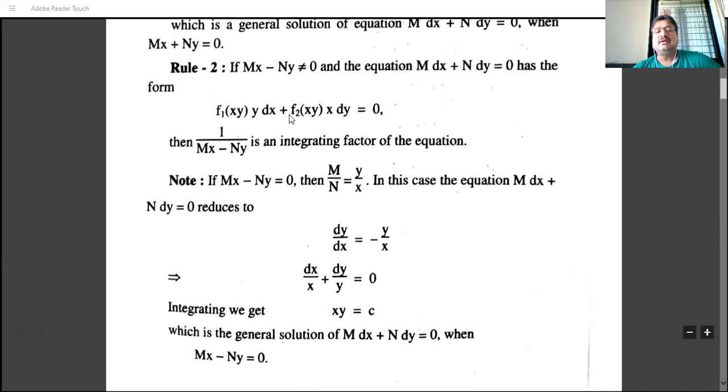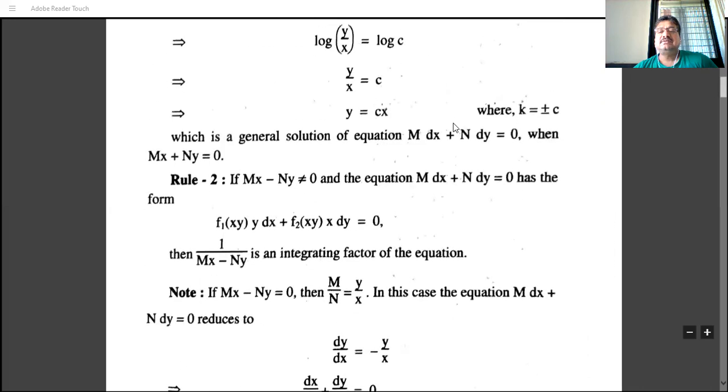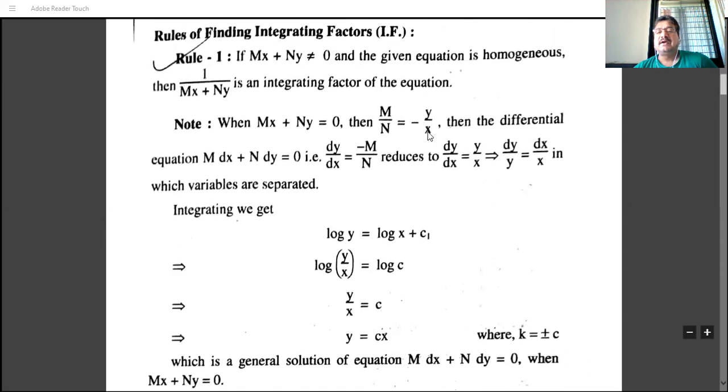Suppose the problem is of this type, but Mx - Ny is 0. Then we have M/N = -y/x.